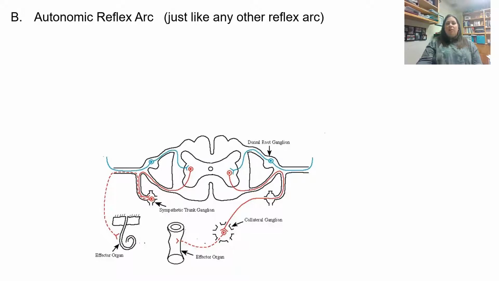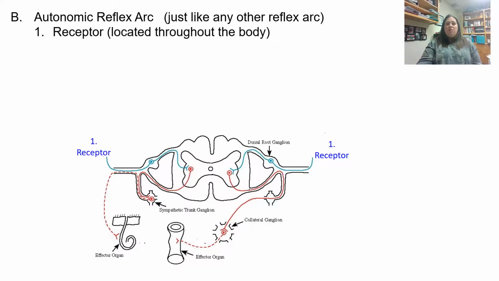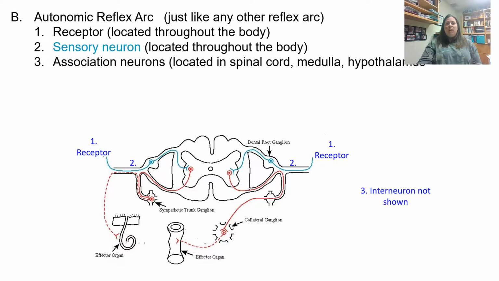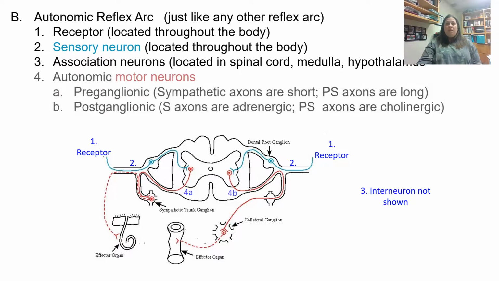So let's look at the autonomic reflex arc. It's just like any other reflex arc. We have the receptor, which is located throughout the body. The sensory neurons, located also throughout the body, are going to carry the information towards the central nervous system. The association neurons are going to be located in the spinal cord, medulla, or hypothalamus of the brain. The autonomic motor neurons are going to be the preganglionic; sympathetic axons, remember, are short.